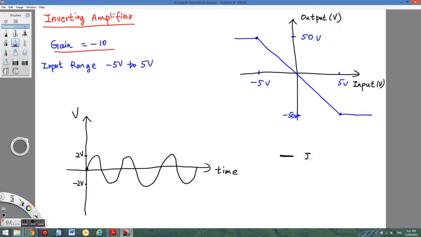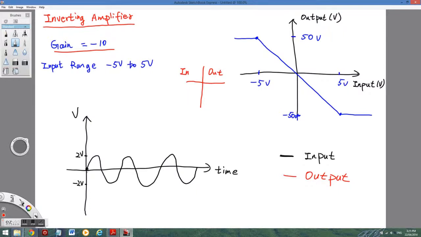Then let's find out the output. Now the gain is minus 10. So if I'm working out the output, let's sketch a diagram. We have in, we have out.